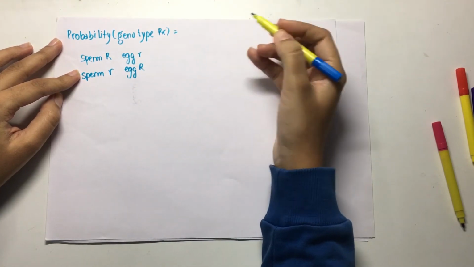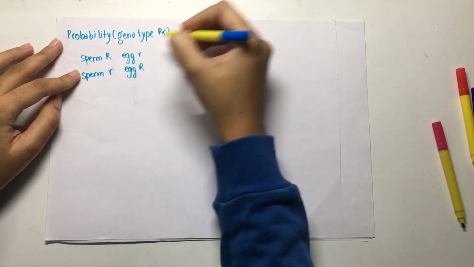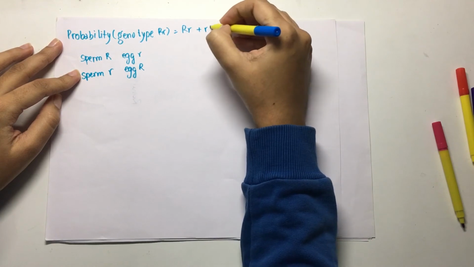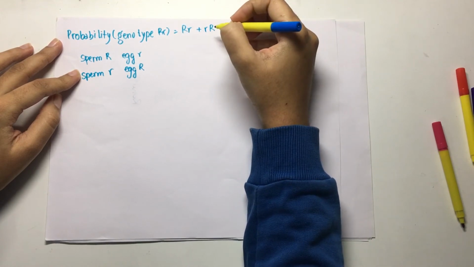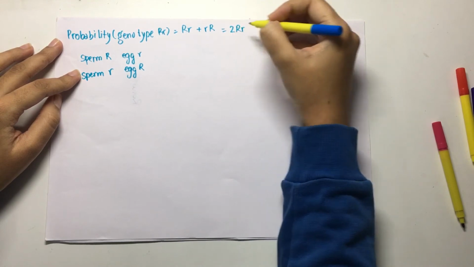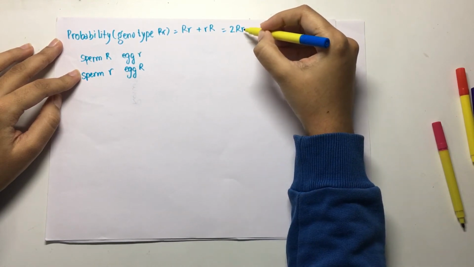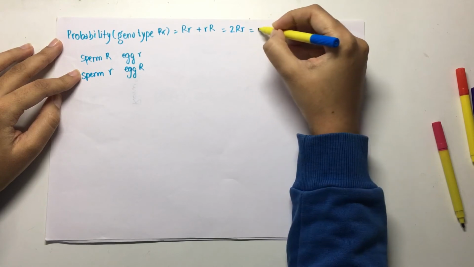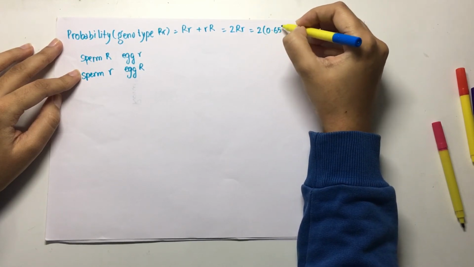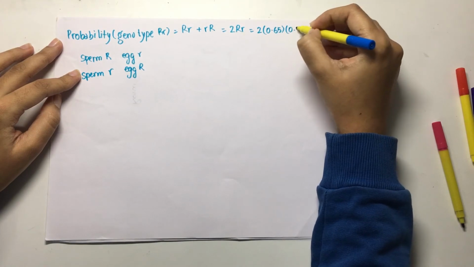So we get two cases. For the first one we can write R times r, and for the second one we have r times R. We add the two probabilities to get the final one. Twice of big R times small r gives me 2 times 0.65 times 0.35.